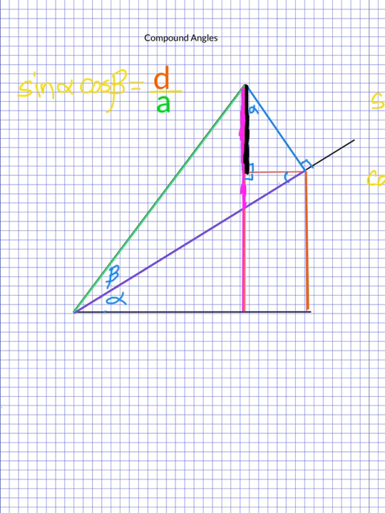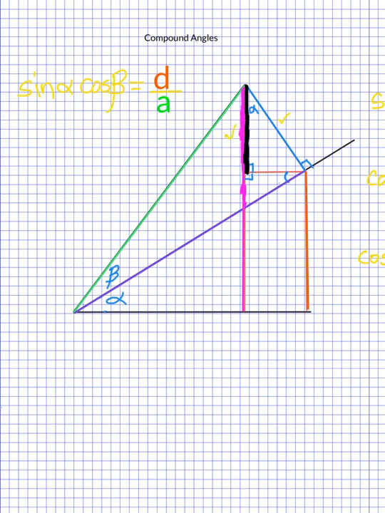Now, if you remember, I specifically made sure that you saw that this alpha angle and this alpha angle have to be the same if I make this blue line a 90-degree angle. That's really important for this next step, because we know that the cosine of alpha is equal to, well, in this triangle, this is the hypotenuse and this is the adjacent.